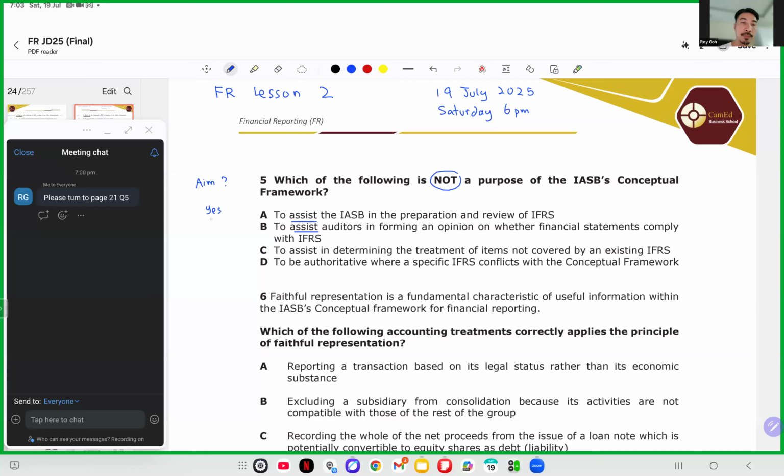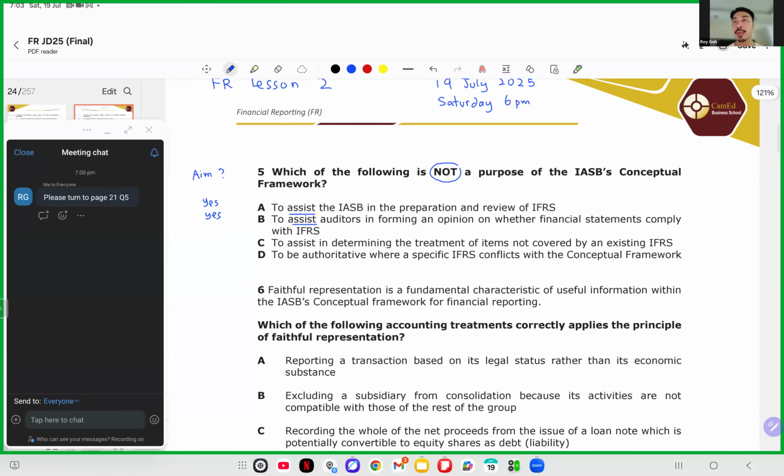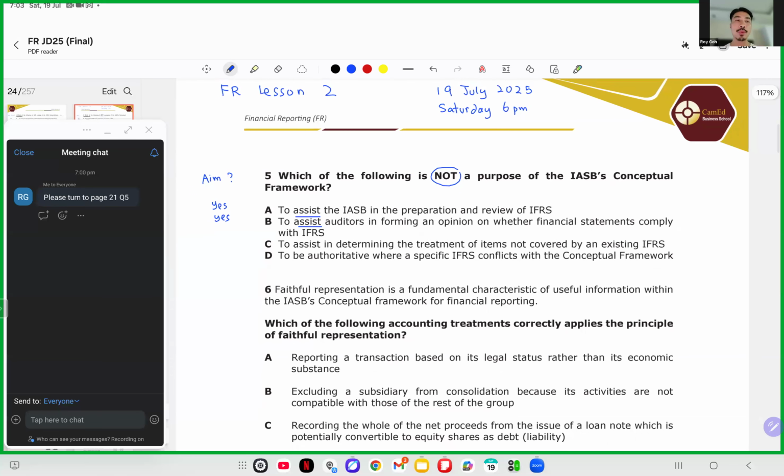If you're not sure, you can stop me and chat. I'll be able to reply to you. To assist in determining an item. What kind of item? Such as cryptocurrency. There is no accounting standard on cryptocurrency. Therefore, you follow the framework. When you have an item that is not covered by any accounting standards, yes, you go back to the framework.